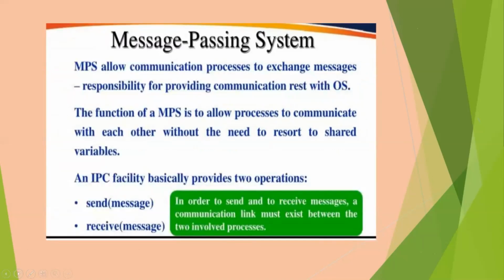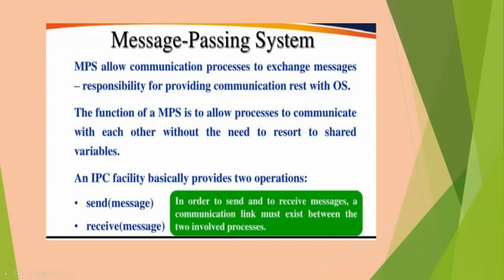Message passing system allows communicating processes to exchange messages. Responsibility for providing communication rests with the OS. That means for message passing to work properly, the operating system is responsible. In order to send and receive messages, a communication link must exist between the two involved processes.